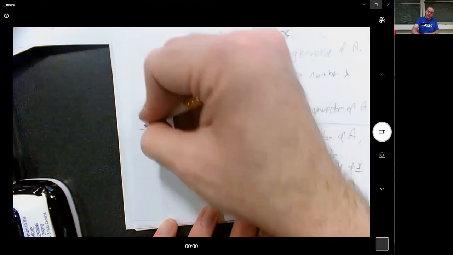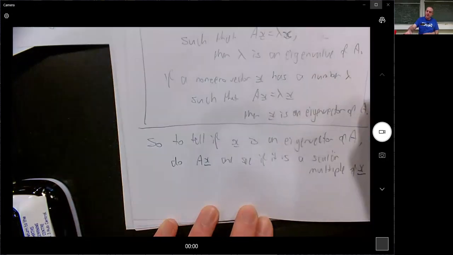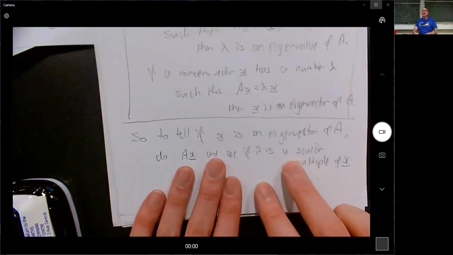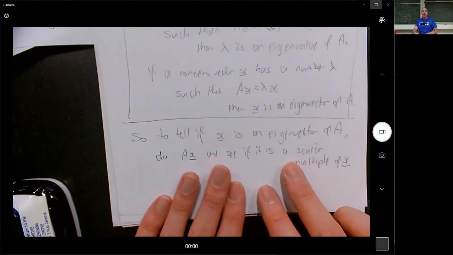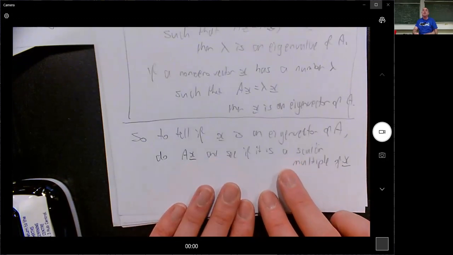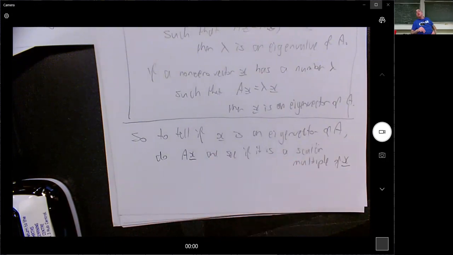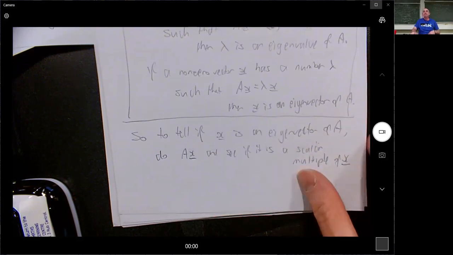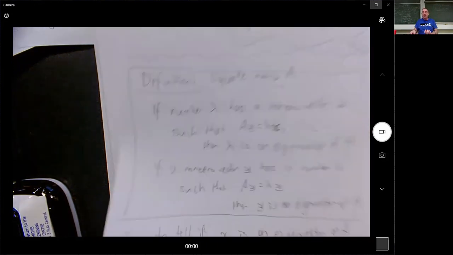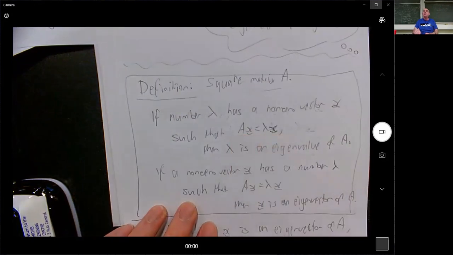So that's the definition there. And what the definition says is this is how to tell if a vector is an eigenvector of A. Multiply it by the matrix A and see what happens. And if it looks like it's a multiple of the original vector, great, it's an eigenvector. And the thing that multiplies it is the eigenvalue that goes with it. To tell if a number is an eigenvalue, that's harder, because you would have to find a vector that does this, and that's much more difficult.